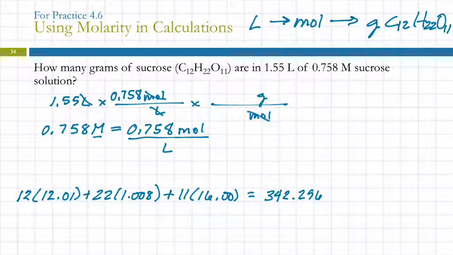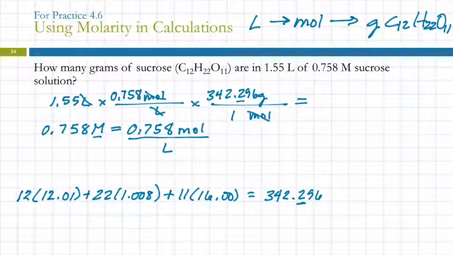Those are all the digits that my calculator gave me. It's only really got 4 sig figs, but those 2 extras are kind of nice to hang around. So 1 mole of this compound weighs 342.296 grams. So now I have all my numbers in place.